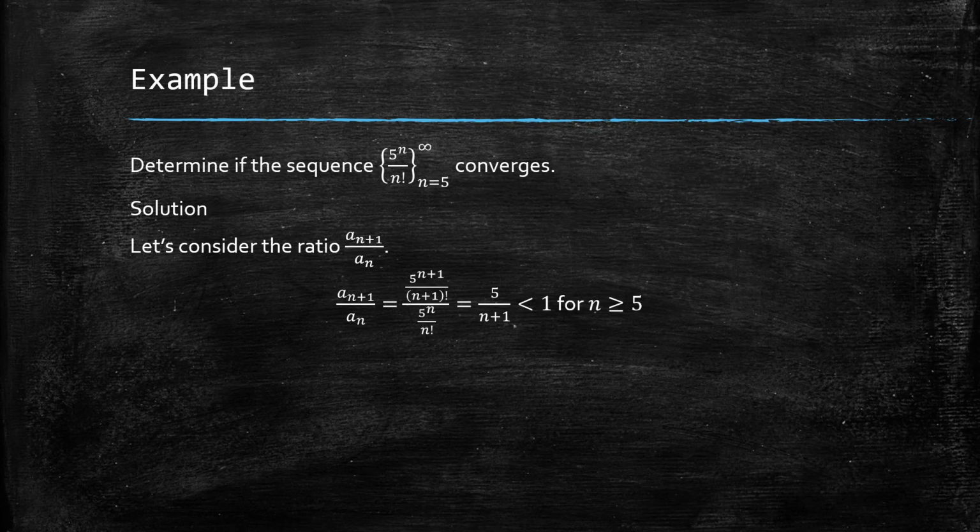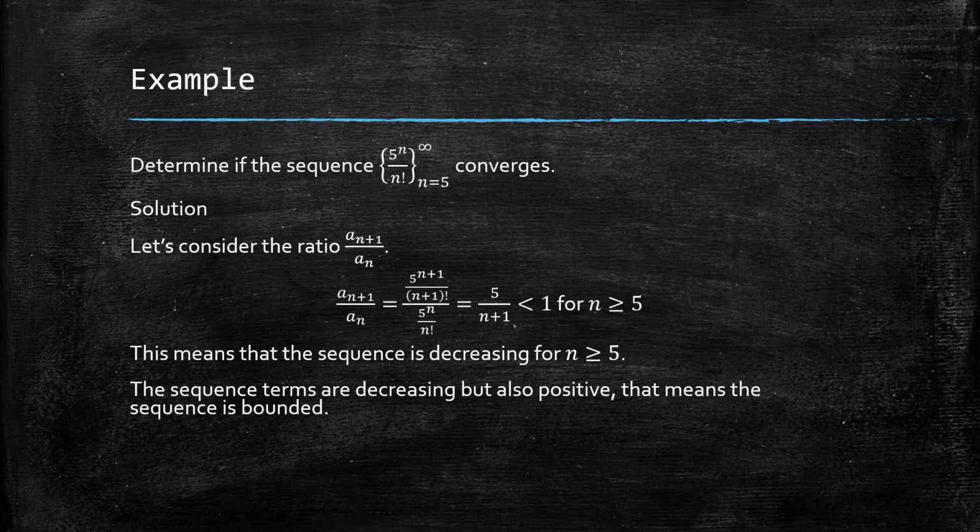If we divide those and simplify by multiplying by the reciprocal of the denominator, that's equal to 5 over (n+1). And for values of n greater than or equal to 5, 5 over (n+1) is less than 1, which means that this is a decreasing sequence for n greater than or equal to 5.